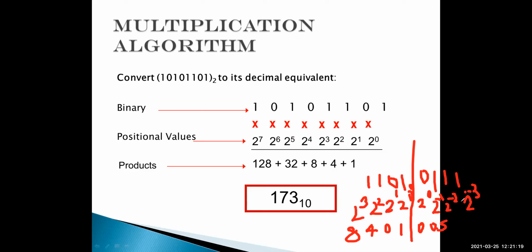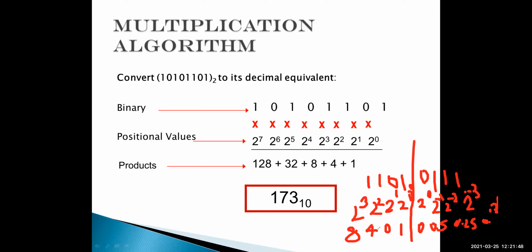Now 2 raised to minus 2 means 1 divided by 4, which is 0.25. Then 2 raised to minus 3 means 1 divided by 8, which is 0.125.